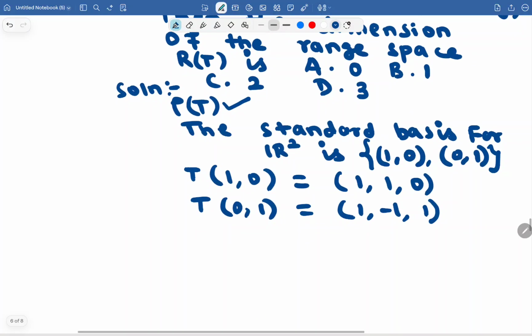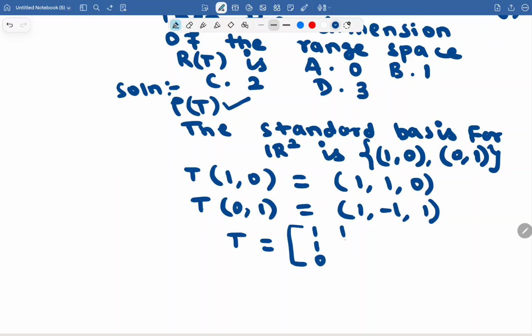Now write the matrix. Write 1, 1, 0 in the form of the first column, and the second column 1, minus 1, 1. Find the rank of T. Write this in echelon form. Make this one as 0.